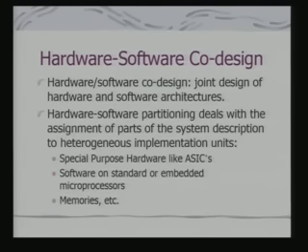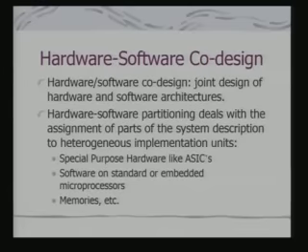Now, mapping into hardware means designing or using special purpose hardware like ASICs, or it may even be mapped onto FPGAs, and FPGAs are also used for rapid prototyping. If we are talking about the software, the parts or tasks which get mapped onto software are being mapped onto a standard embedded microprocessor or a microcontroller.